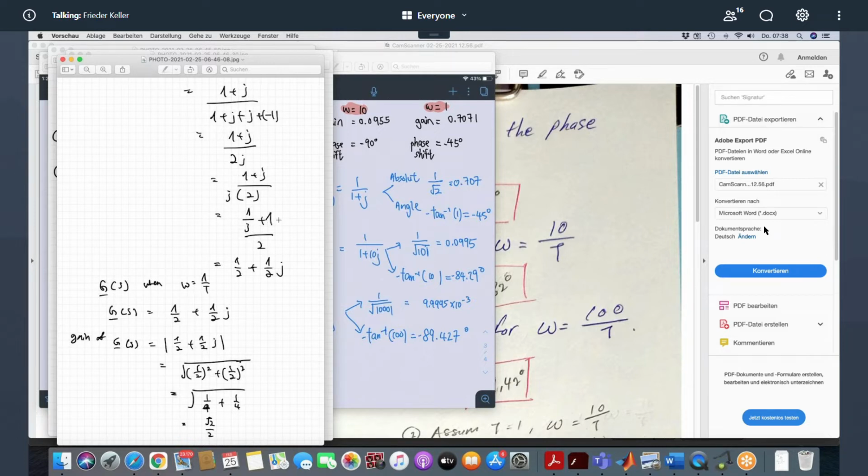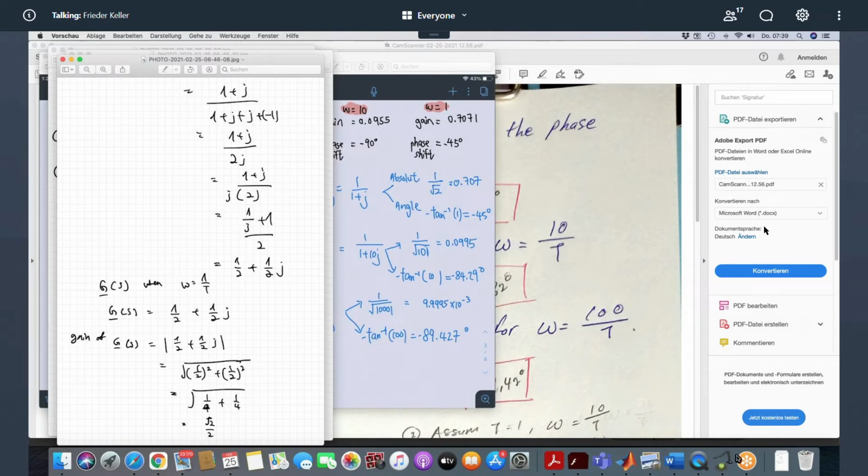And 1 divided by j is what? 1 divided by j is minus j. So I assume that from here to there, that error happened, that here this plus must be a minus. And keep in mind, 1 by j is minus j, which is easily verified.